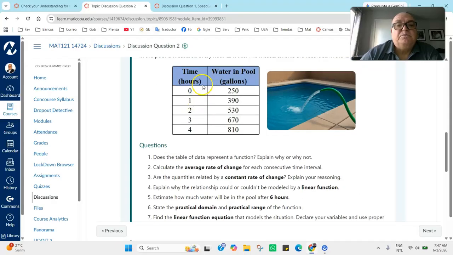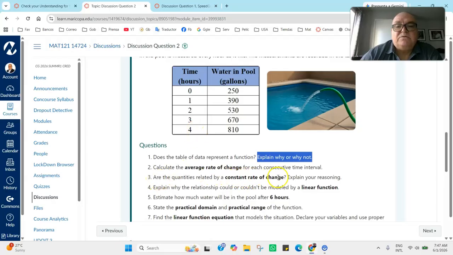So the question would be here, is this a function? And explain why it is a function and what is not. Calculate the average rate of change for each consecutive interval. So that means the average rate of change between 0 and 1, 1 and 2, 2 and 3, 3 and 4.